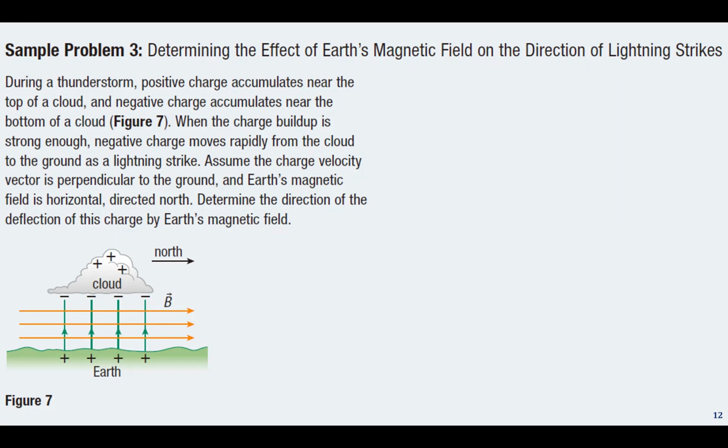Assume the charge velocity vector is perpendicular to the ground, and Earth's magnetic field is horizontal, directed north. Can you determine the direction of the deflection of this charge by Earth's magnetic field?